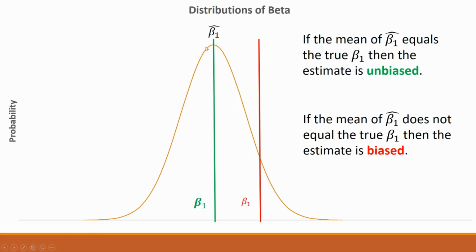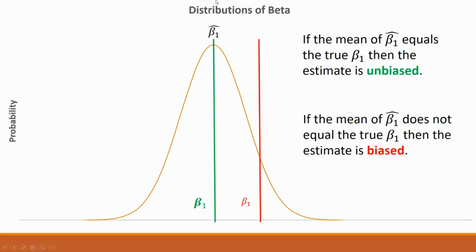But this orange curve is the distribution of my beta 1 hat value, and the green line is the average of my beta 1 hat distribution. If the red beta 1 is the true beta 1, you can see that it's a lot less likely for my beta 1 hat value to be near the true beta 1.